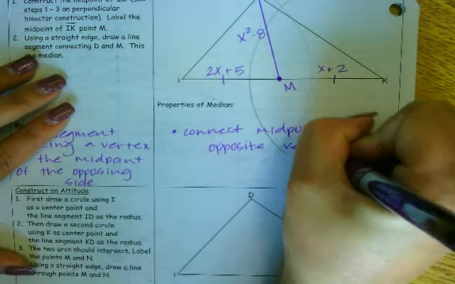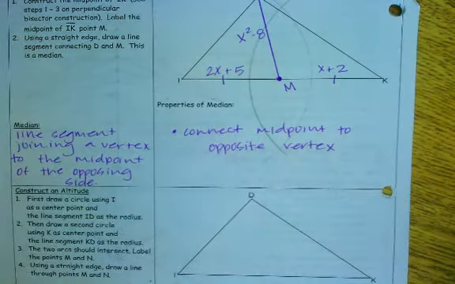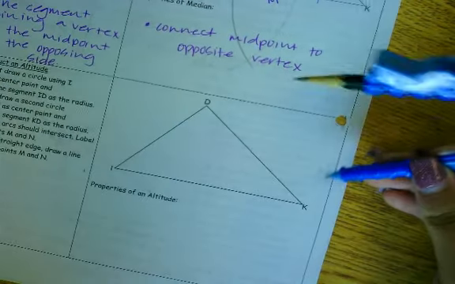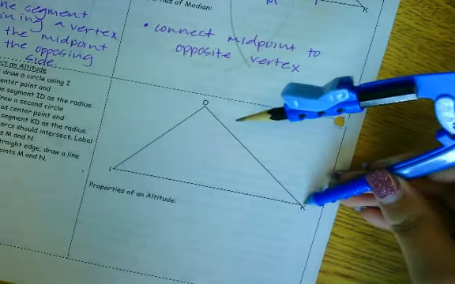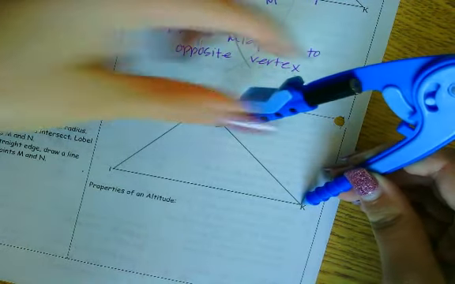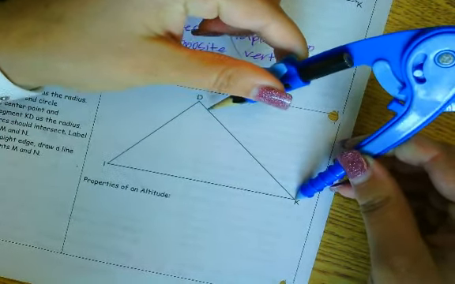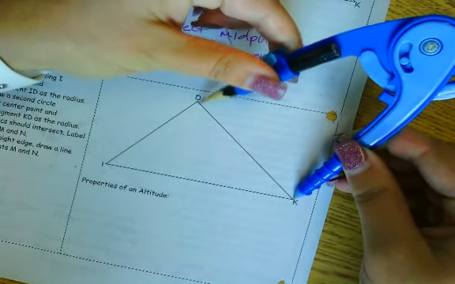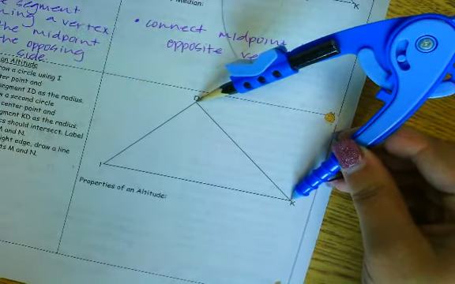Okay, our last construction. The easiest one yet, I think. Okay, we're going to construct an altitude. Okay, the first step is to extend your compass the length of KD. And make an arc.